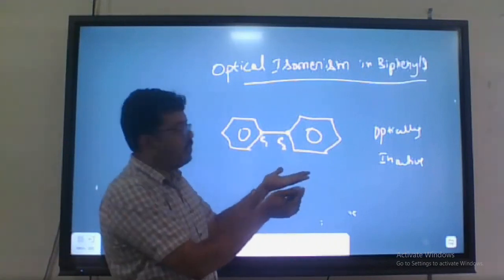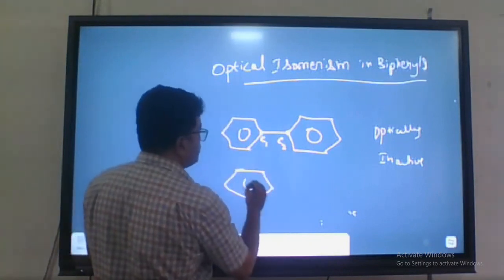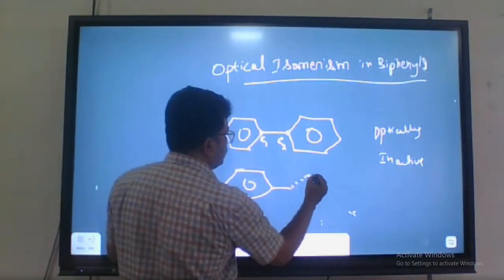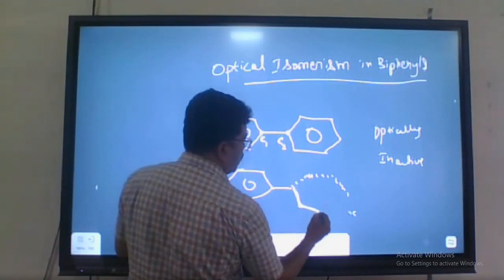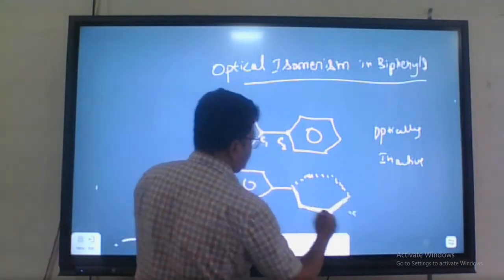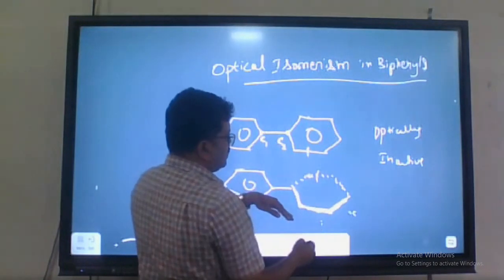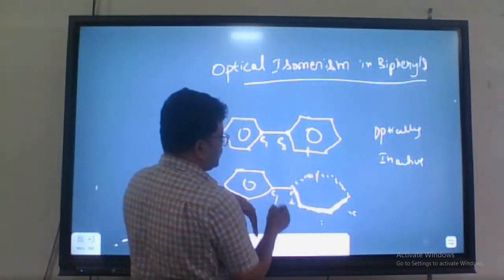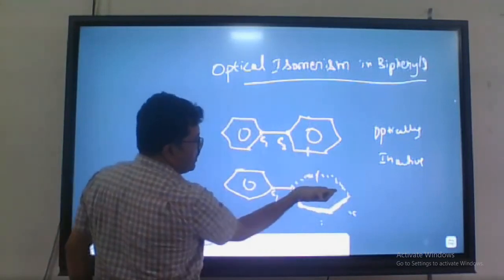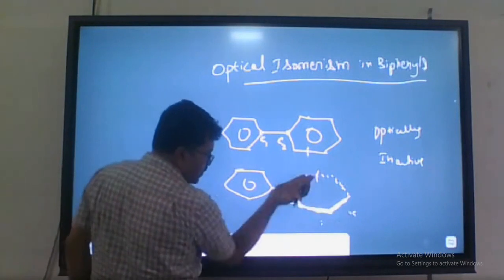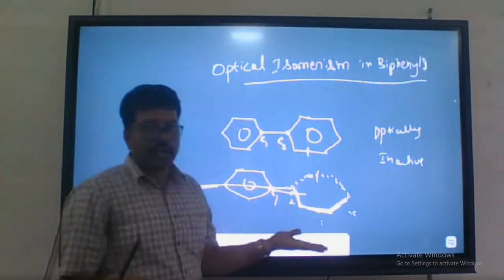Fix one ring and rotate the other, and the side below becomes above. If you cut the molecule through the benzene, above and below produce equal halves that are mirror images of each other.